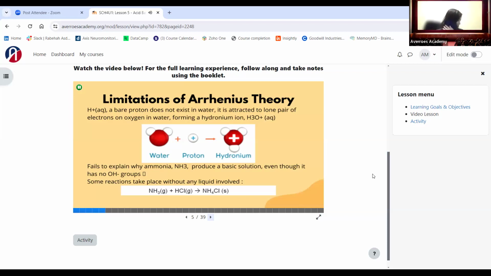Again, like I said, the Arrhenius theory fails to explain why ammonia, for example, a base that doesn't have that hydroxide ion, is still basic. As well, some reactions take place without any liquid involved, such as the one right there. So we don't always characterize acids and bases as just dissolving in water or aqueous solutions.